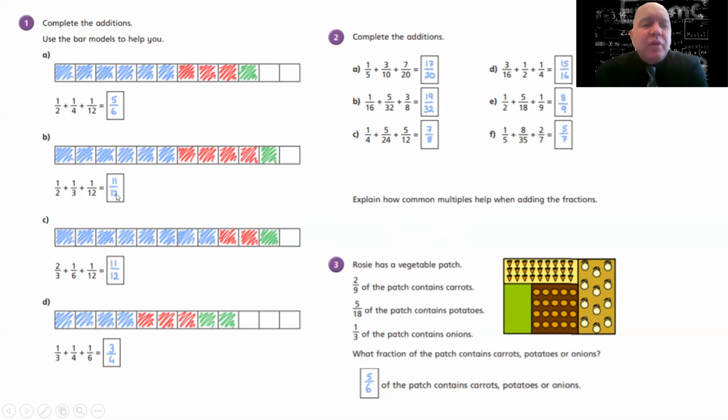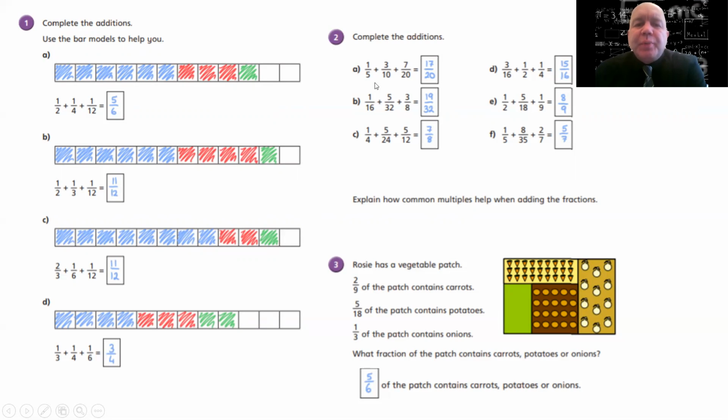B, 11 12ths. C is 11 12ths. And D is 3/4, because if we turn them into 12ths, we're going to get 9/12. So 4/12, sorry, 4/12, plus 3 over 12 plus 2 over 12. That gives you 9 over 12, which simplifies down to 3 over 4, 3/4.